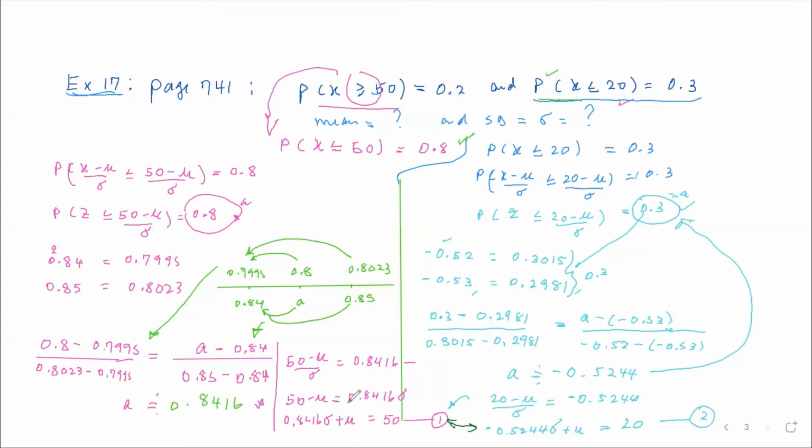Up to you. Then you're going to get the answer, because the question requests us to find the mean, X bar or sometimes we write as mu, and find SD, from equations 1 and 2. That's all. So we go one more last example and then we finish this chapter.